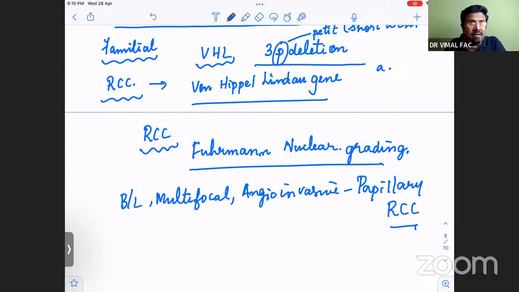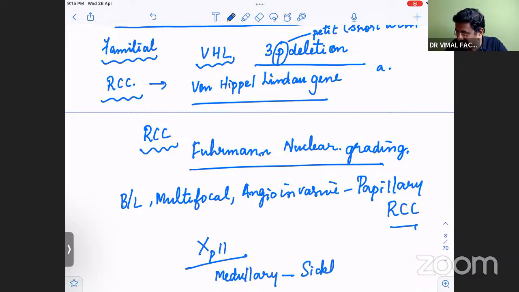Okay. And please remember, if you get RCC in a young person, you will be thinking of Xp11 translocation. Remember, MET oncogene mutation is seen in papillary RCC. Medullary type of renal cell carcinoma is seen in patients with sickle cell anemia.